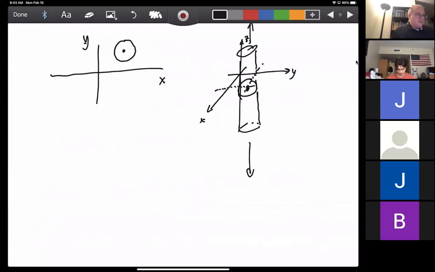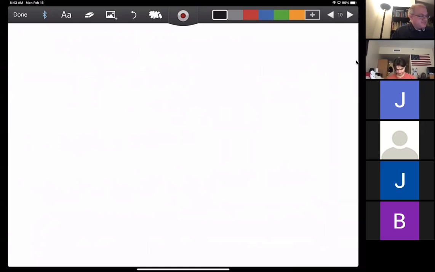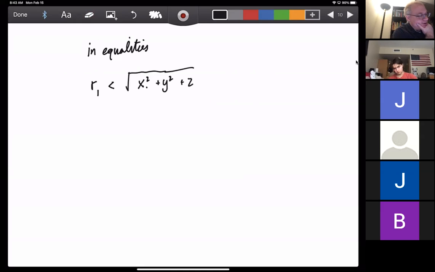All right, so what about inequalities? Well, let me ask you guys what you think this pair of inequalities might represent.